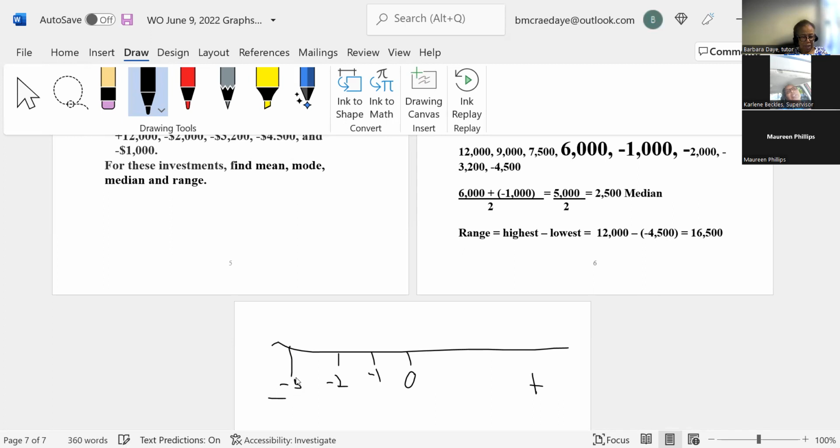Okay, now on the right, we have positive numbers. After the 0, these are plus values, right? So +1, and we'll put a +2. All right, and let's put a +5 over here.